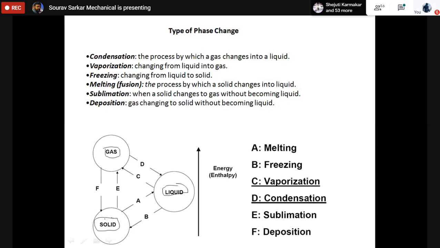now there is one critical question: is it possible to convert ice into vapor directly? Or maybe the sublimation process is possible for any other substances, for iron, or some other object.